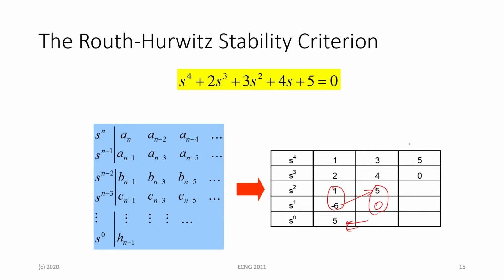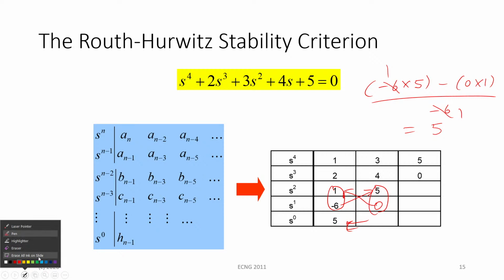So if we cross multiply here, that's going to be minus 6 by 5 minus 0 by 1, and we're going to be divided by our start point here, which is minus 6. So this 0 by 1 here is just going to be 0. That minus 6 and minus 6 here will just cancel, so that's going to be 1 and 1 here. And 1 by 5 here is just going to give us a value of 5. You can see here in our table itself. At that point, the Routh-Hurwitz table is basically completed.